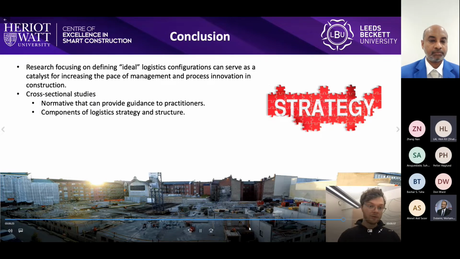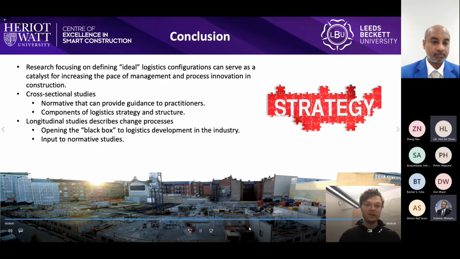So cross-sectional studies can be used here and can provide guidance for contractors of which potential logistics strategy components and how to structure logistics tasks. Longitudinal studies, on the other hand, are very important as well, and they serve a complementary role to cross-sectional studies.